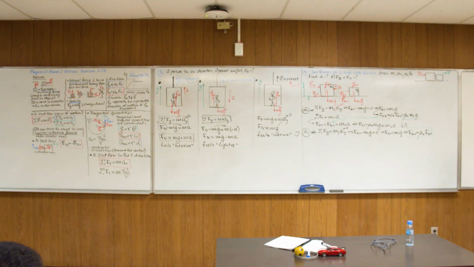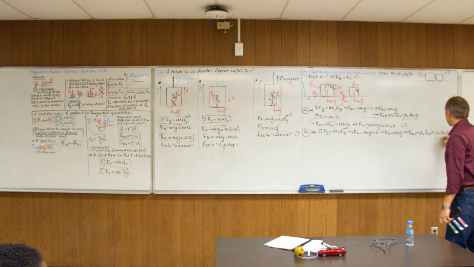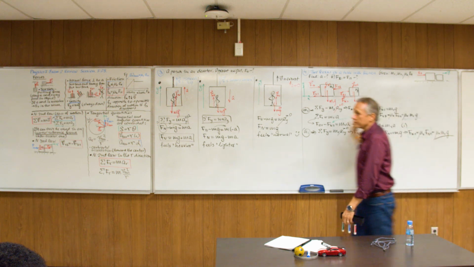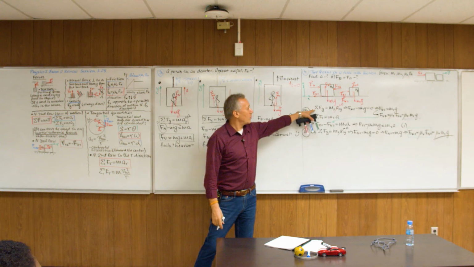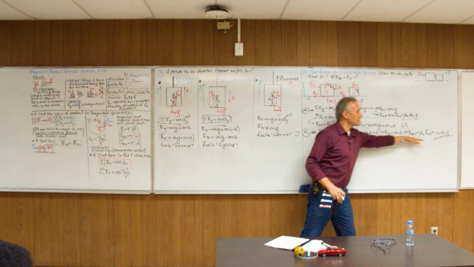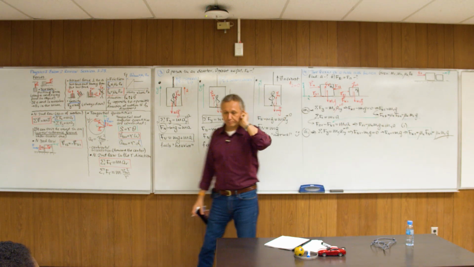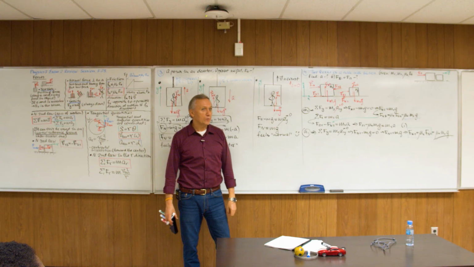So it will be mu k times m1 times g. It's almost identical to the first equation for object 2. You see, this line and that line are essentially the same. And now the most important, the second equation, of course, will be from the x direction.